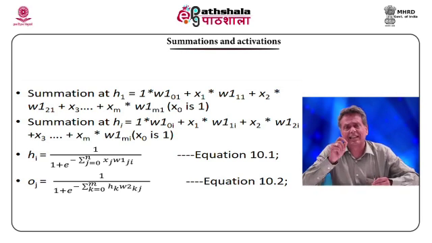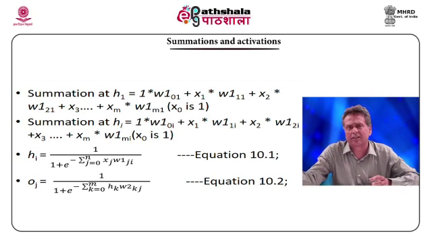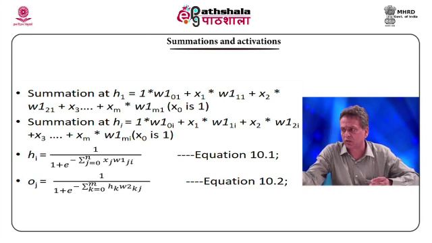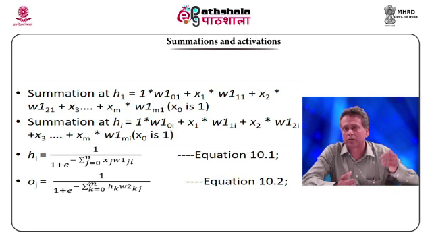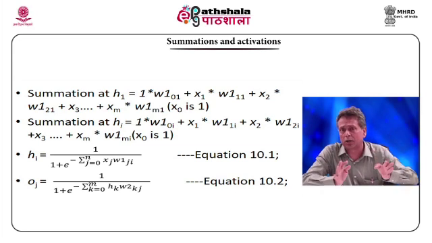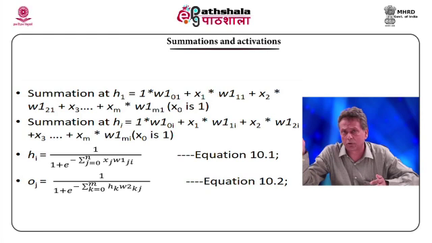Similarly, at the ith hidden unit, as it shows on the screen, the only difference is that the second suffix was 1, which becomes i now. That's the only difference, otherwise it's the same. So that is basically the summation. And how hi values are calculated, we have already seen that we use the sigmoid function: 1 upon 1 plus e raised to minus the summation, and the summation we have already seen.